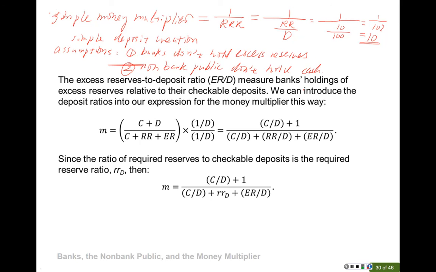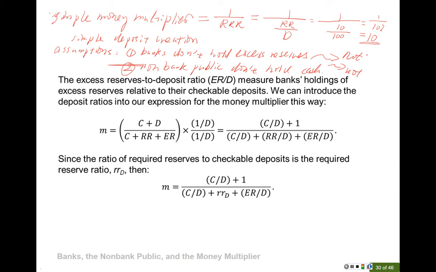In the real world, are these two assumptions realistic? In the real world, both assumptions are not realistic. We know each bank in the real world actually holds a certain amount of excess reserves. And the reason is what? They want to hold excess reserves to maintain the liquidity of the bank.